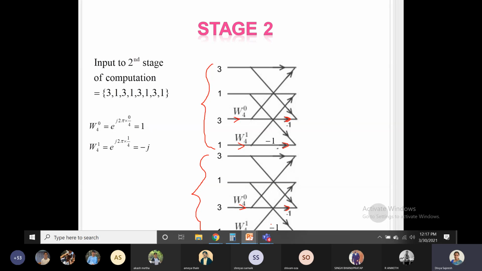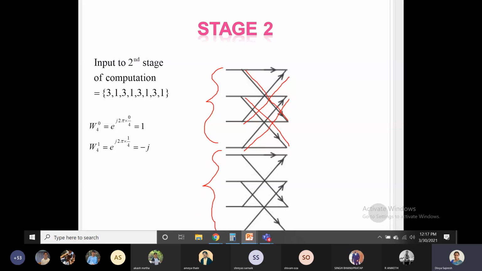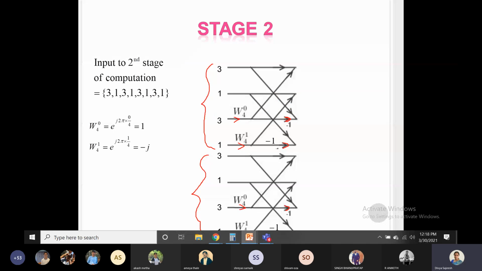So in stage 2 what you did was club 2 basic butterfly diagrams to obtain a 4 input butterfly diagram. Like that I took 2 four input butterfly diagrams, inserted my inputs, then inserted the twiddle factor at the third and fourth positions: W4 raised to 0 at the third and W4 raised to 1 at the fourth.